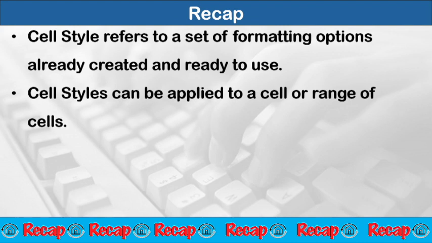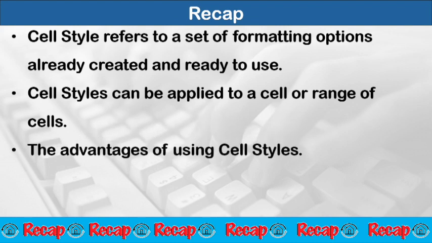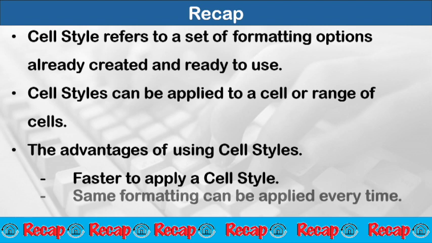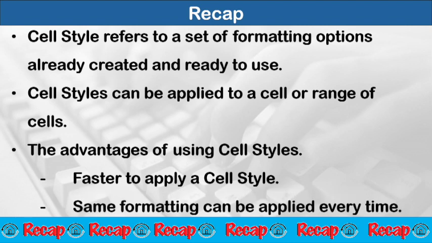Cell styles can be applied to a cell or range of cells. The advantages of using cell styles: it is fast to apply a cell style, and also same formatting can be applied every time.